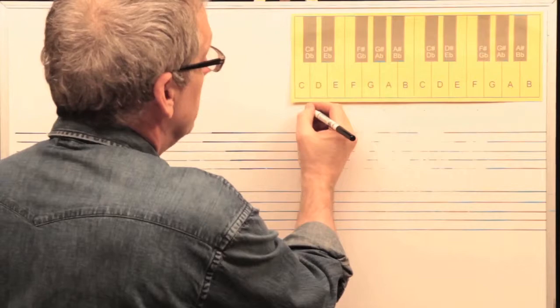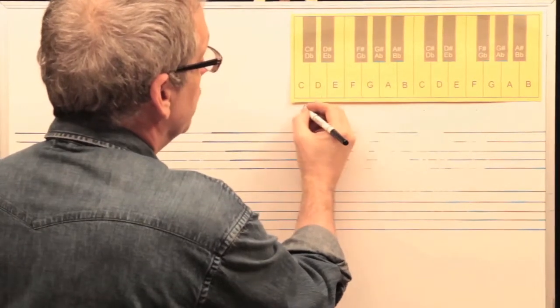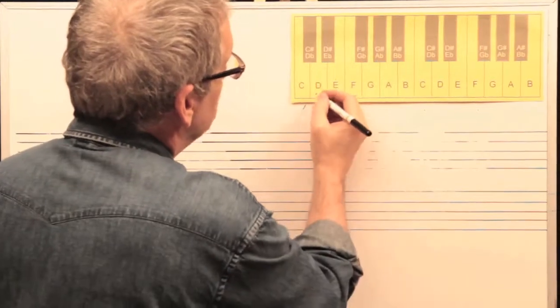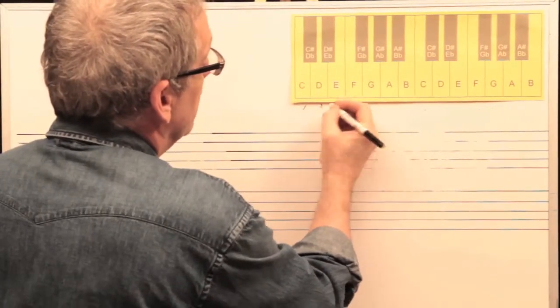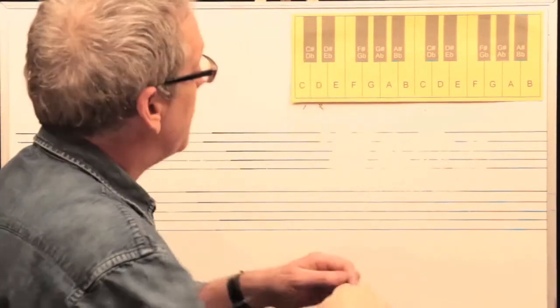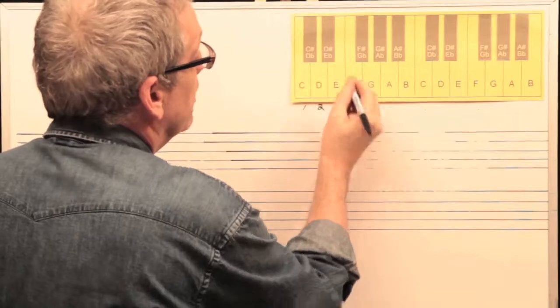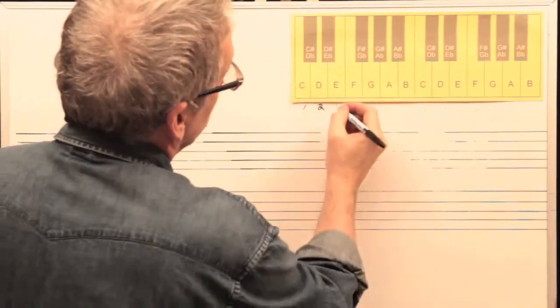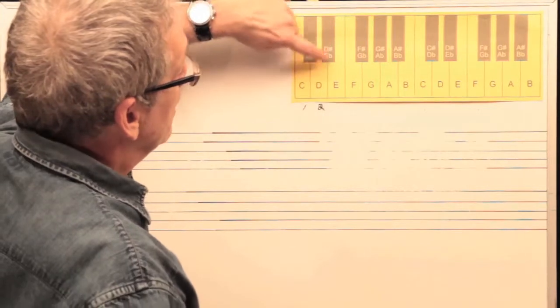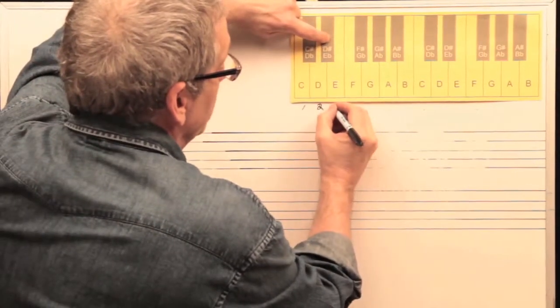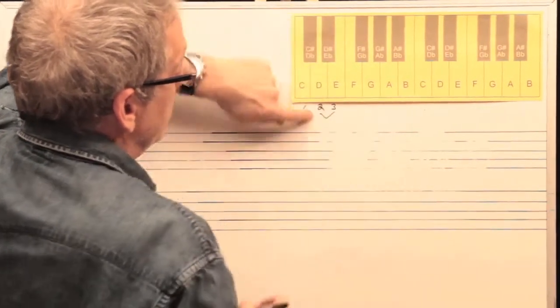C would be the first degree because it's a C minor scale, and D would be the 2. Since the half step falls between 2 and 3, you would go to the E flat, and there's our half step right there.